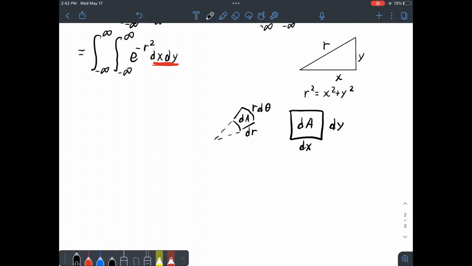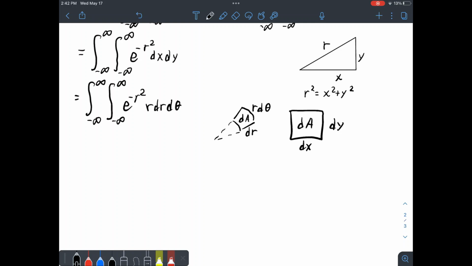So when we change out dx dy, we're going to have to change it to be dr d theta. Okay, let's do that. And this is where, if you've taken multivariable calculus before, the r dr d theta comes from.